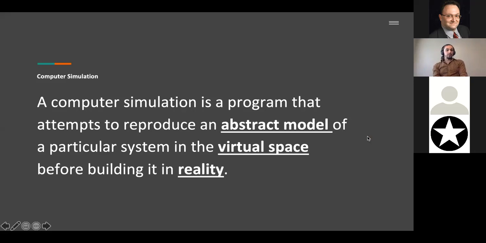Defining a few more things. A computer simulation is a program that attempts to reproduce an abstract model, and we want to do it in a virtual space instead of building it in reality. The reason is usually cost and other factors. Sometimes we cannot solve these problems, or they can be so expensive or not applicable.